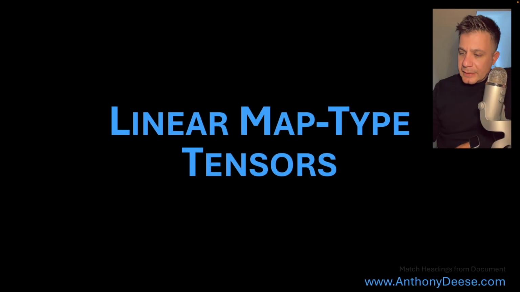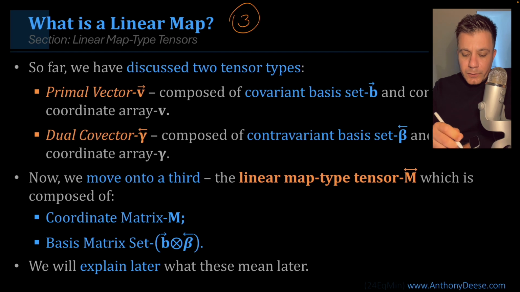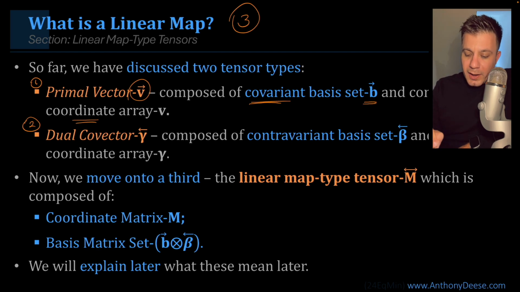Let's discuss linear map type tensors. This is the third type that we're looking at in this set of lectures and these set of online modules. The first two were the primal vector and the dual vector or the covector. The primal vector, denoted by V arrow hat, is composed of a covariant basis set B arrow hat and a contravariant coordinate array V with no arrow hat.